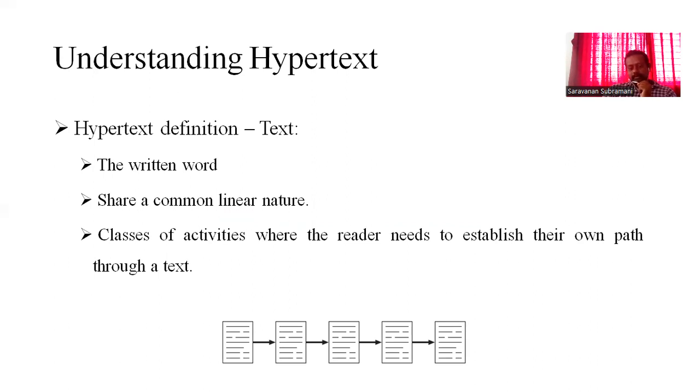There are so many text documents that have a proper link with each other, which is the hyperlink. Text having a proper link is called hypertext. They have a hyperlink to make a connection with different text documents. So it's called hypertext activity.